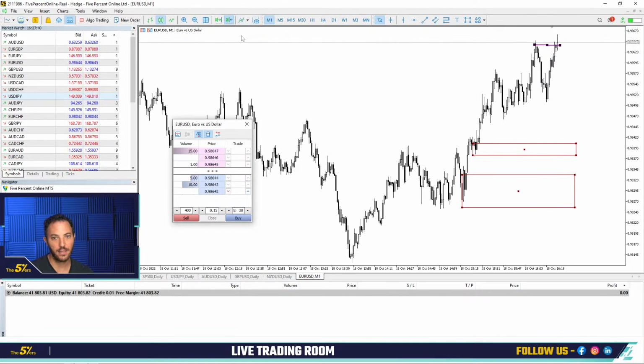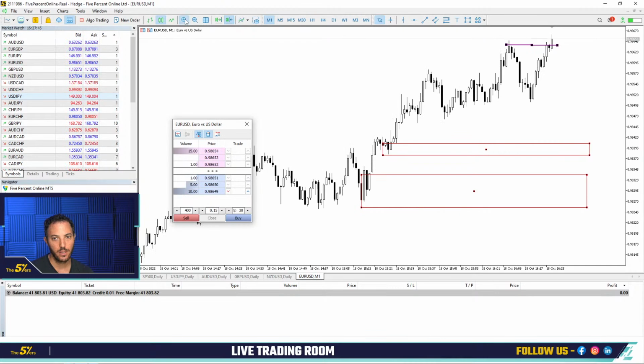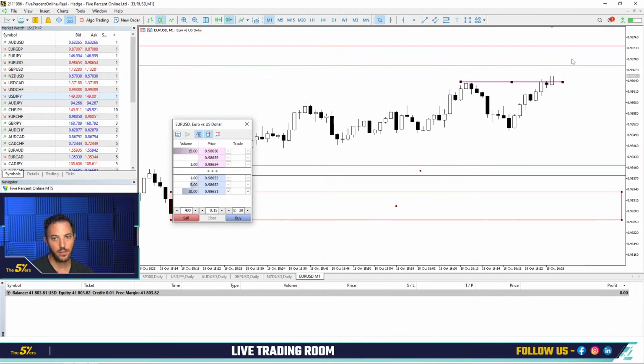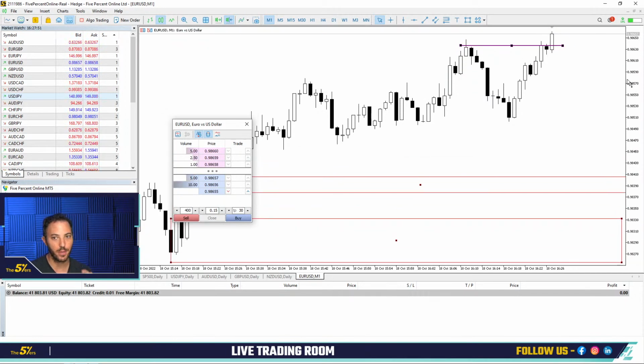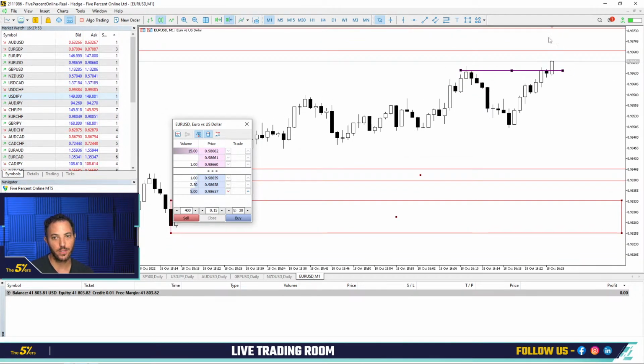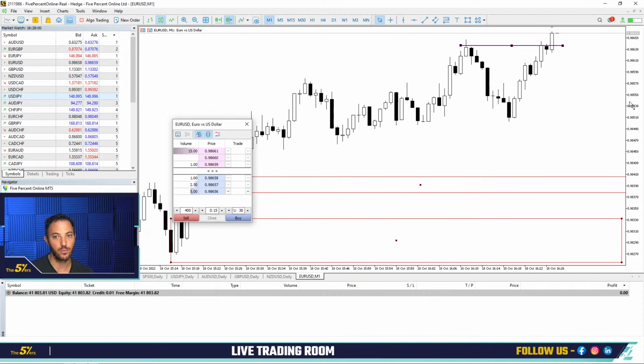So a break of that should take us all the way to that area. That area is a good selling area. If I just want to make a few pips to try to catch the reversal, that's around that area. And if not, I'll wait for the retest of the breaking area and I'll try to buy again in the market.